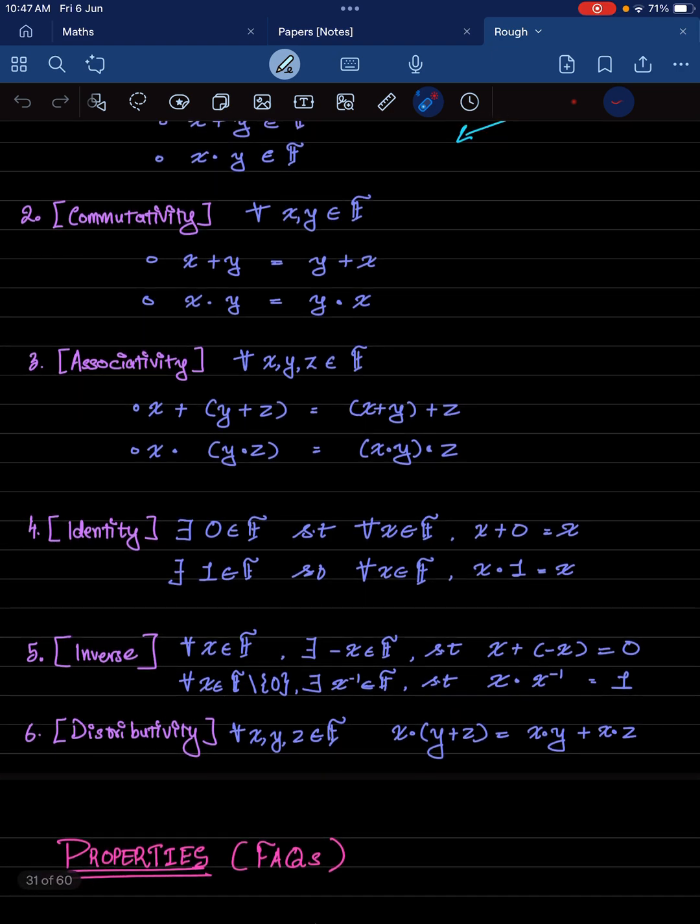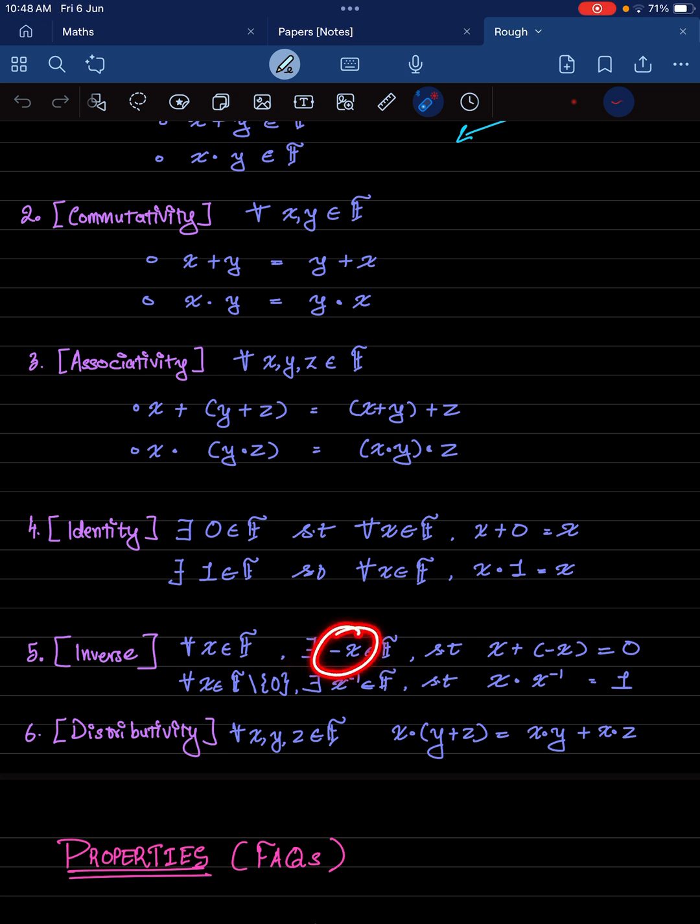And next is the concept of an inverse. So I have defined the concept of identity, which is basically special elements, the first of which, when added to any other element of the field, will give it itself, and similarly the second one, when multiplied with any element, will give the same thing again. And now associated with that is the concept of inverse, which is that for any x in F, there will always exist a minus x.